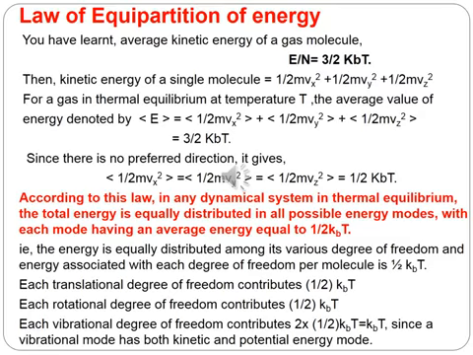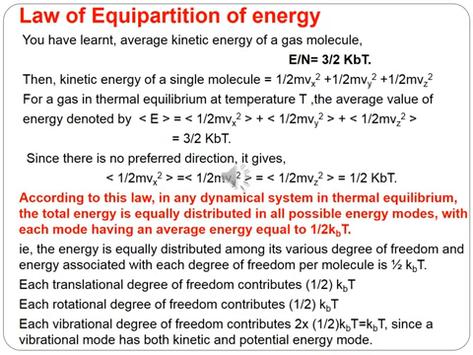When they are in translational motion, they should have kinetic energy. Then the internal energy E is the kinetic energy. So, the average kinetic energy of a single molecule is equal to the total energy E divided by the number of molecules N. It is E by N. Then it is equal to 3 by 2 kBT, where kB is the Boltzmann constant and T is the absolute Kelvin scale of temperature.